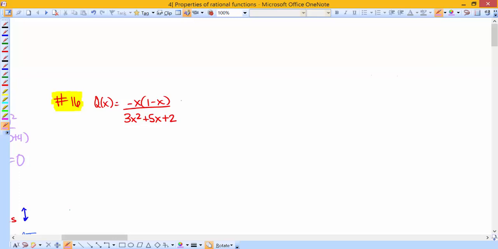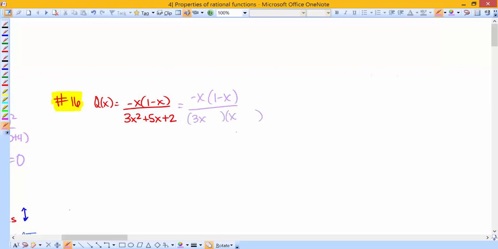So I'm going to go through the same process in this next one, but I really do need to factor first, you guys. You want to factor, and then you want to cancel whatever you can, because those will be values that will not exist in your graph. So the top, the numerator, has already been factored. So I have my negative x and 1 minus x. Now the denominator I can factor. So I have 3x and x.